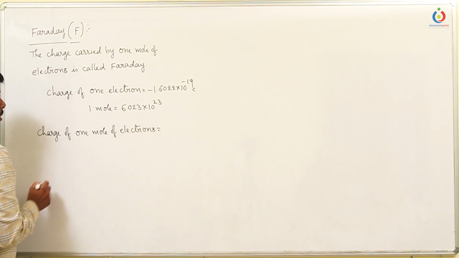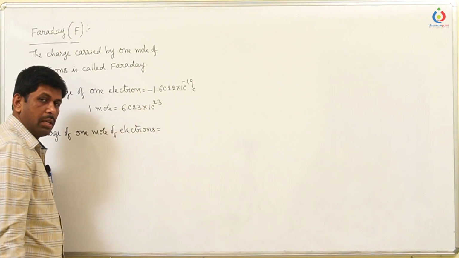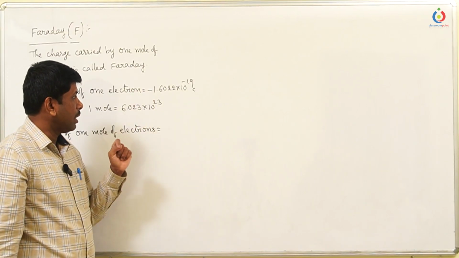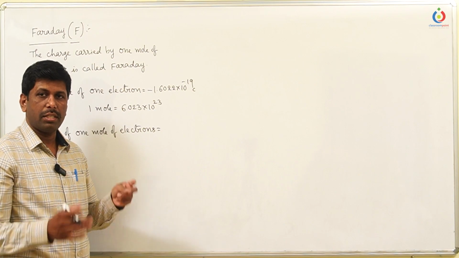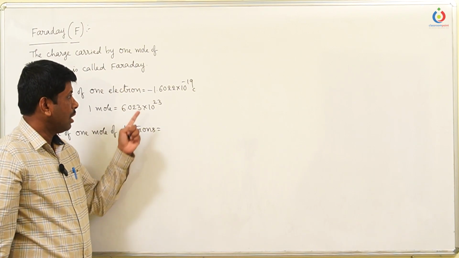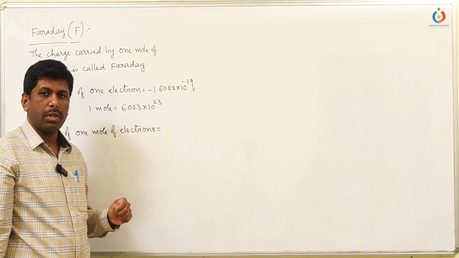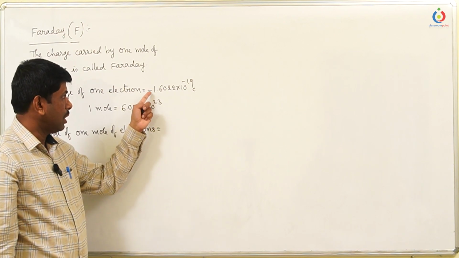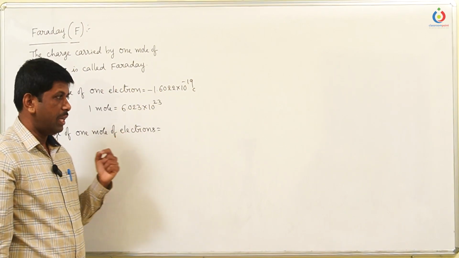Let us multiply both of these, and this negative sign we don't take. This negative sign represents the attraction between the nucleus and the electron. That's why this negative sign does not have any importance in solving the questions. So we shall remove it, only the number we take here.